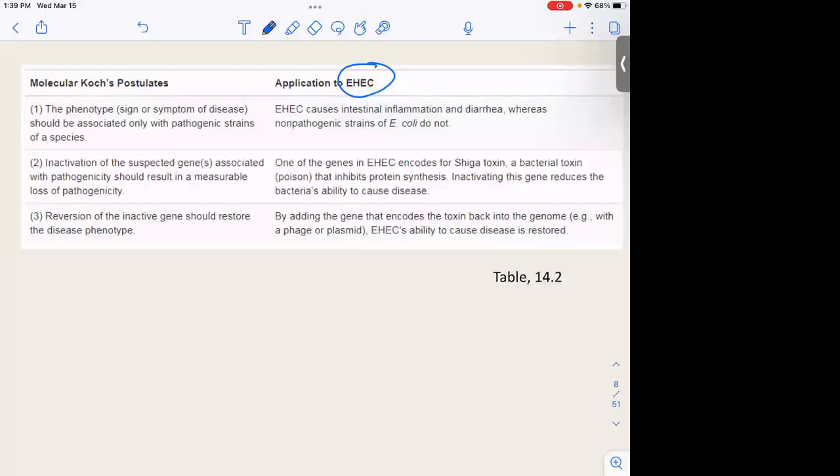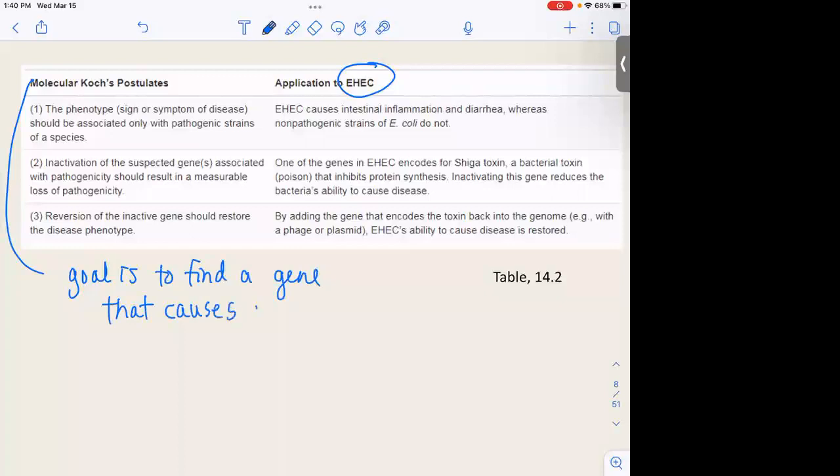So we have come a long way since Koch's time in our molecular biology techniques, and we have the ability in some cases to do that. Okay, so just understand here that the goal is to find a gene that causes the organism to be pathogenic.